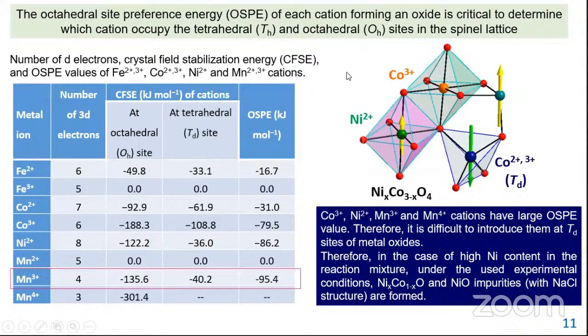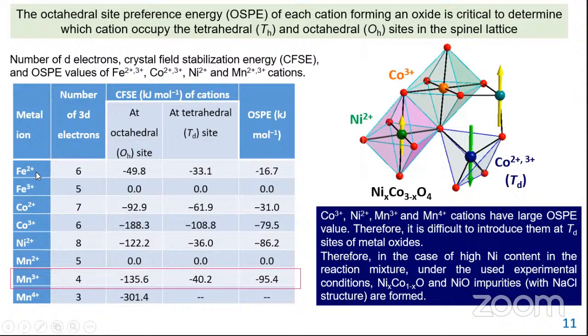To get the octahedral site preference energy of each ion in these spinel structures, we arranged in this table the crystal field stabilization energy of all the ions in our compounds.